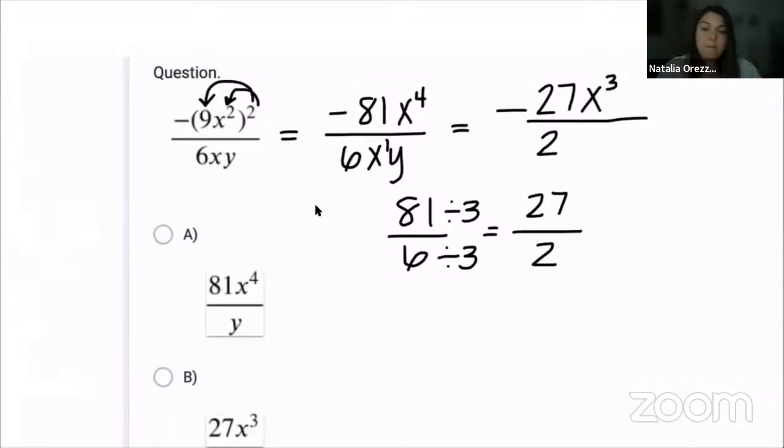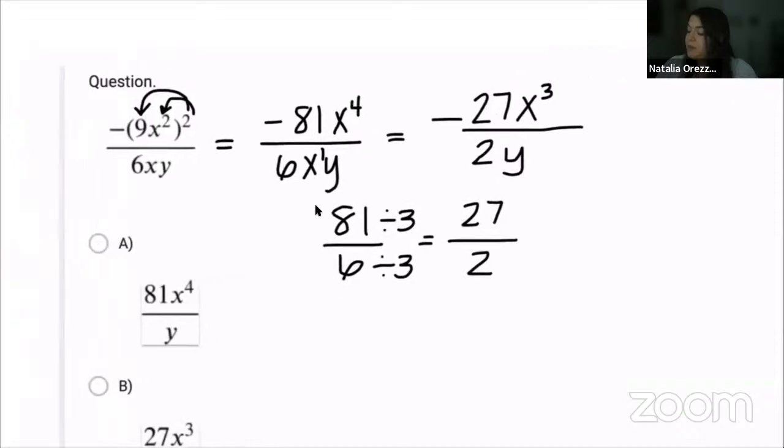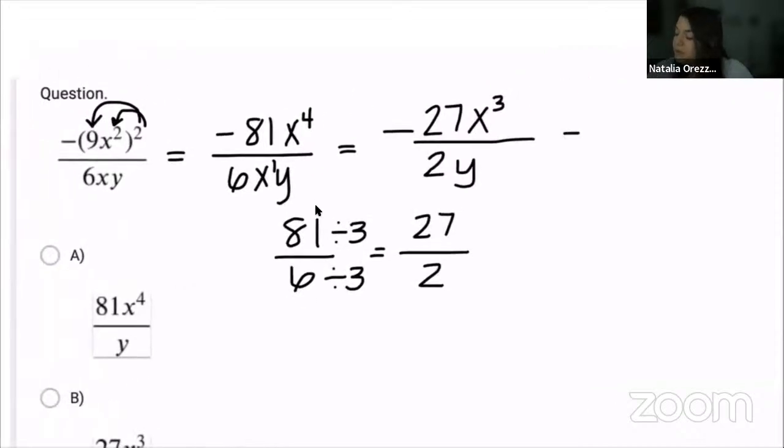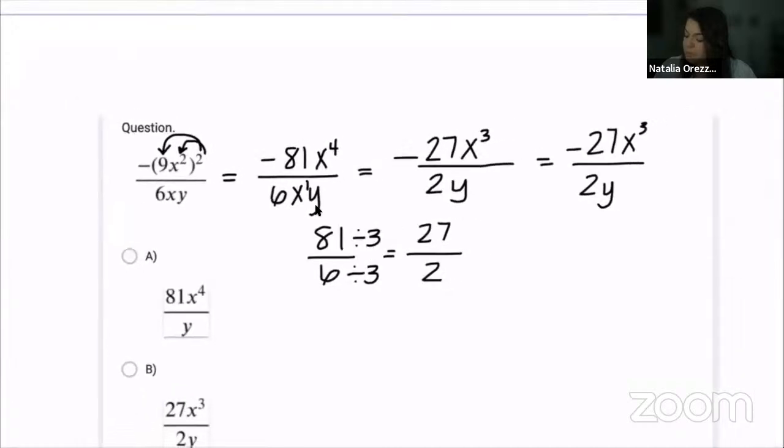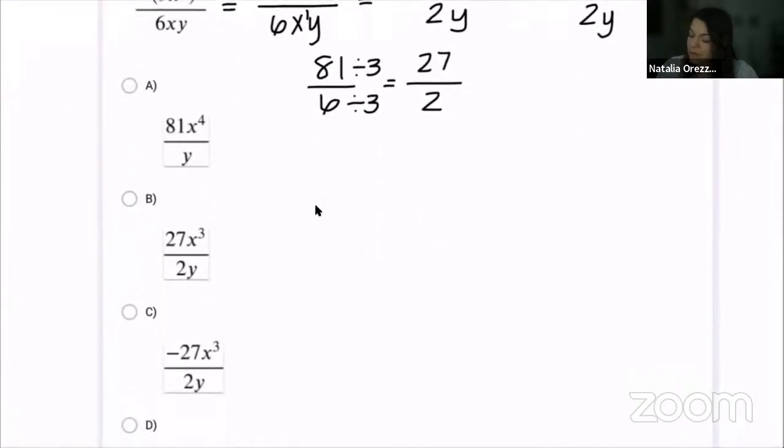And then y, I only have on the bottom. So I'm going to leave it on the bottom because there's nothing else to simplify it with. So here, my final answer is negative 27x to the third over 2y, which is C.